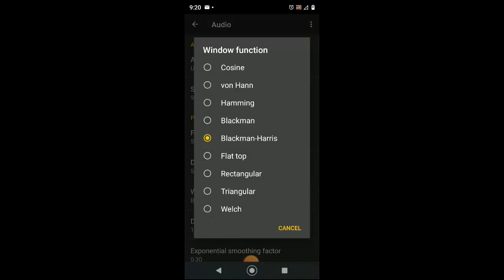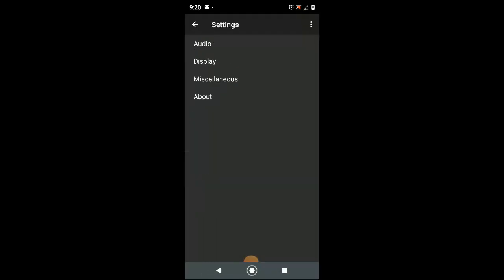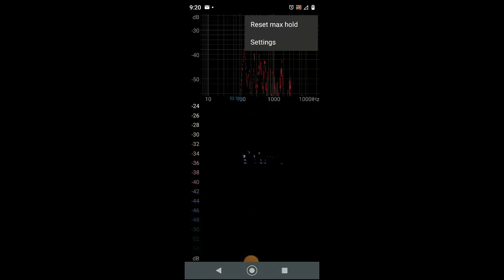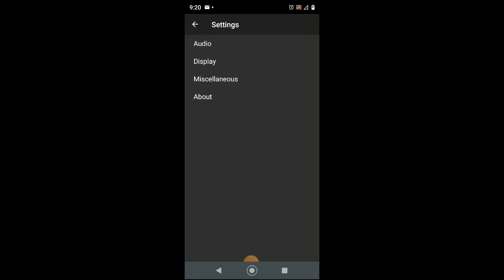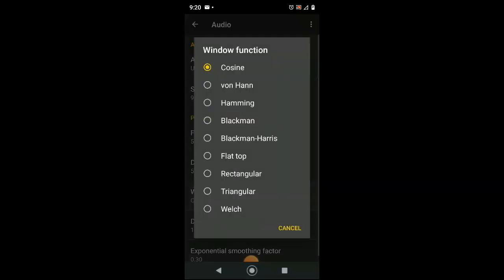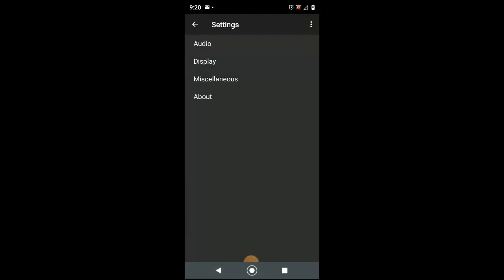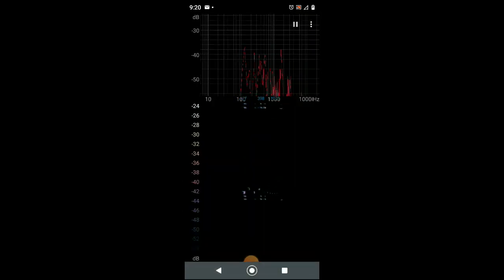Here's some different options in the app. I went through a couple. They really didn't make much difference as far as display wise. That was me talking. Again, trying different functions. It's a free app.